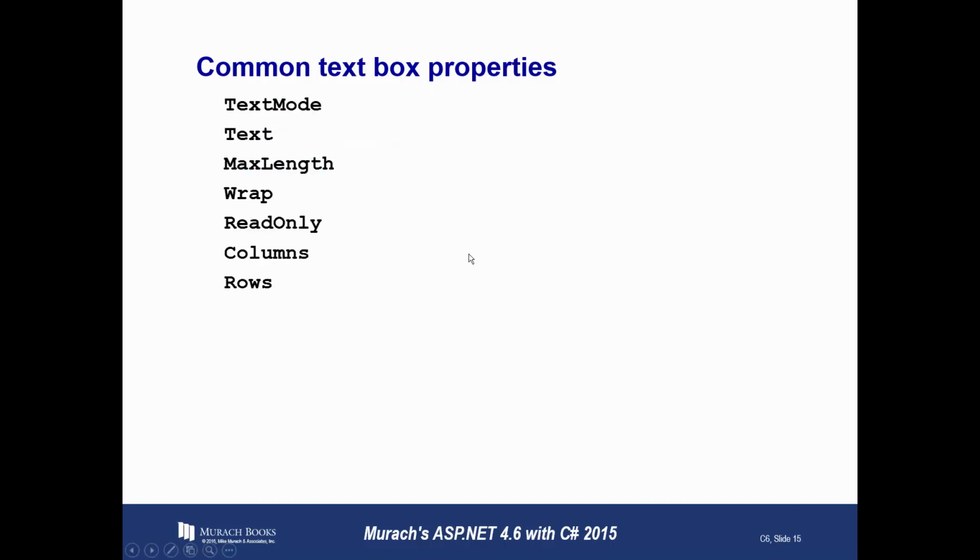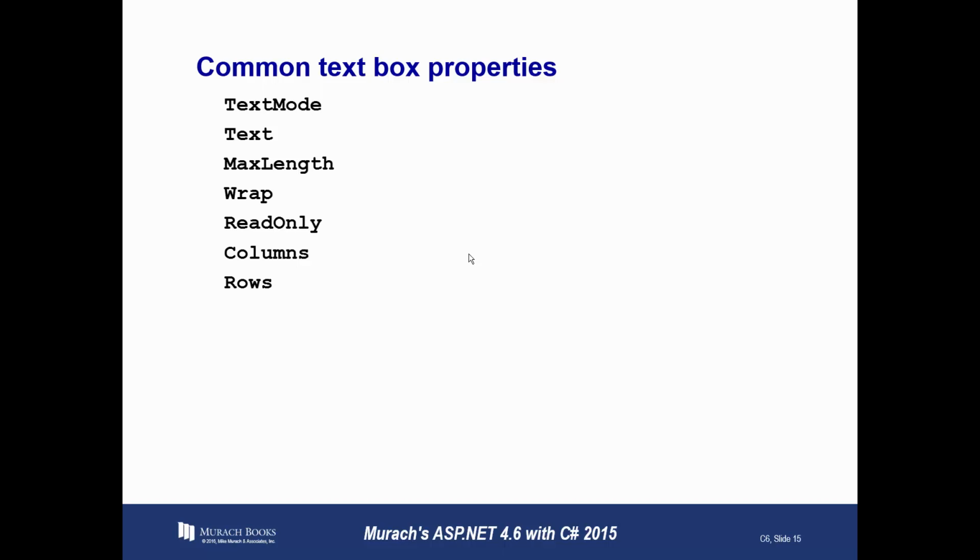Text boxes are a little bit unique in that they can either hold inputted information or they can be used to output information. All right? The properties, and these are all taken from page 211. The text mode shows the type of text box that you're using. The default is a single line.